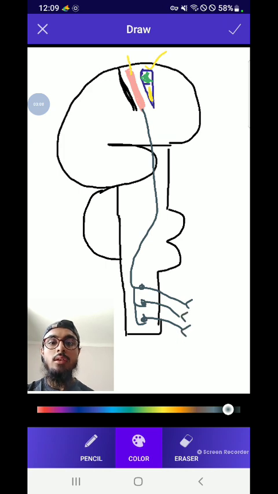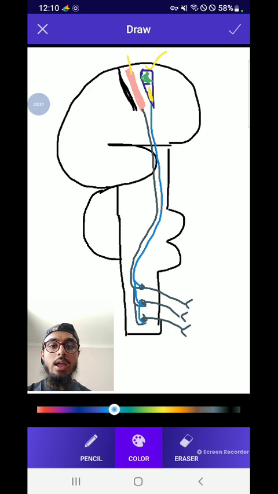I discussed this in a previous lecture. Now I tell you that the premotor area and supplementary motor area also contribute to this pathway, here, here, here.